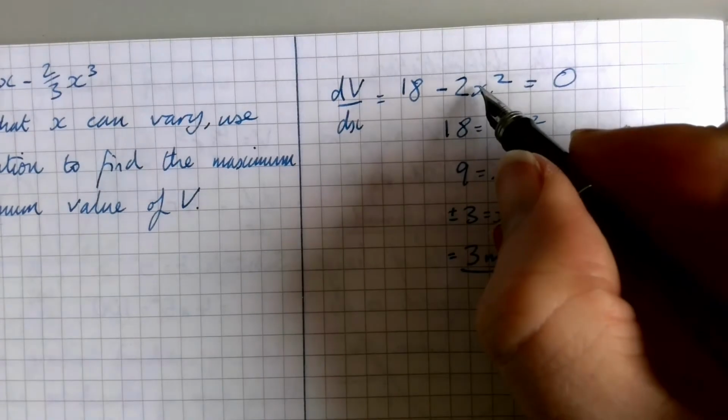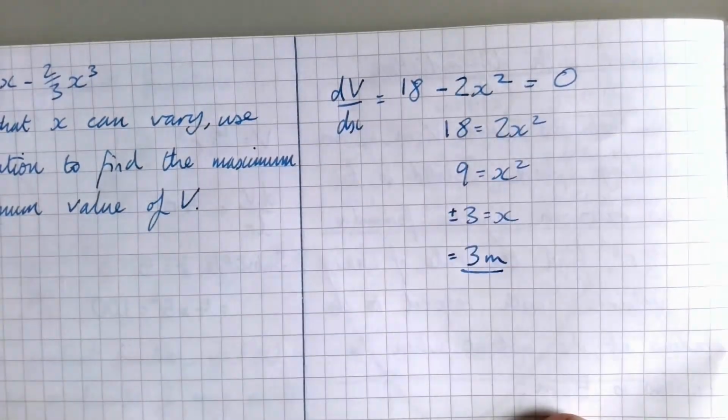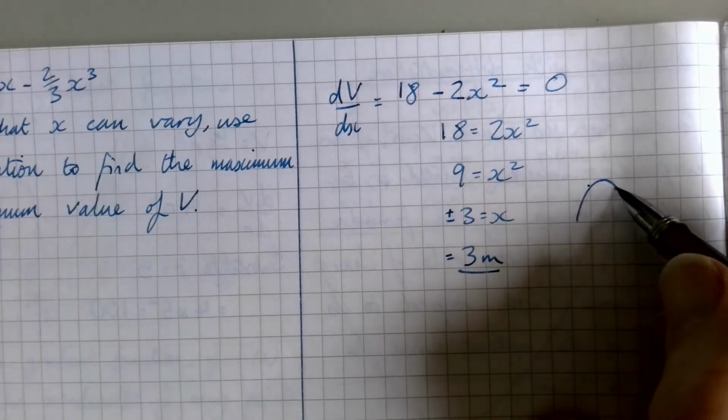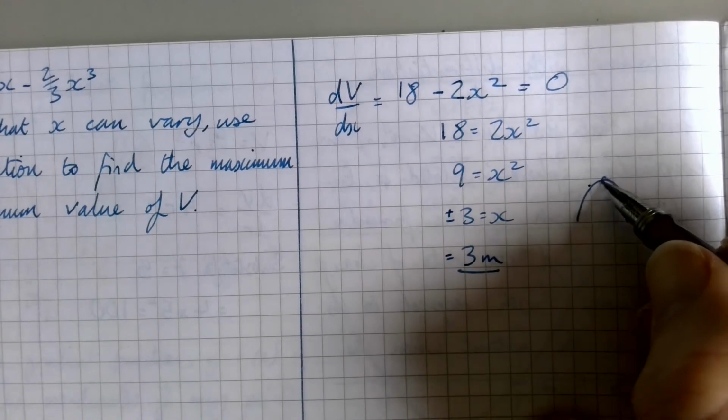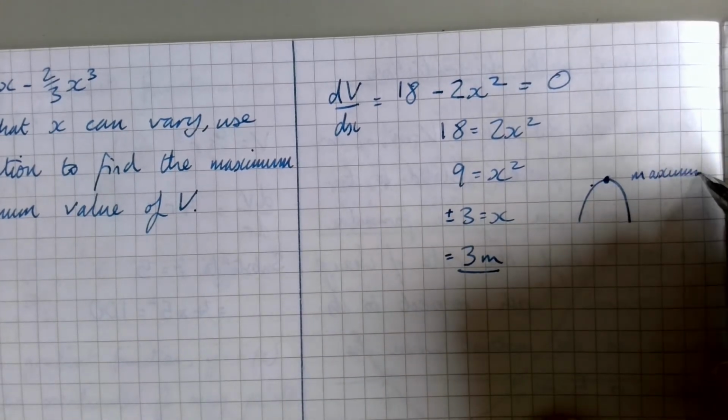Now if you think about it, this is a quadratic with a negative coefficient of x squared, so it's going to give us a sad face, isn't it? So that should be a maximum.